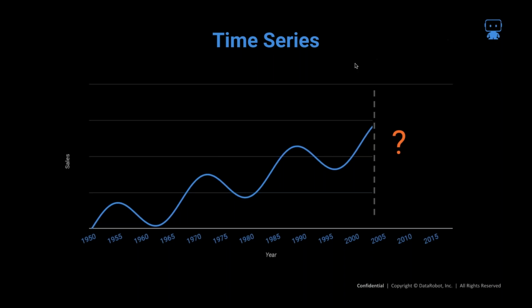Imagine that this plot represents sales figures for an imaginary shop, the sales in the past, from 1950 to now, say 2004. If the question is what the next year's sales would be, that's what I want to anticipate.